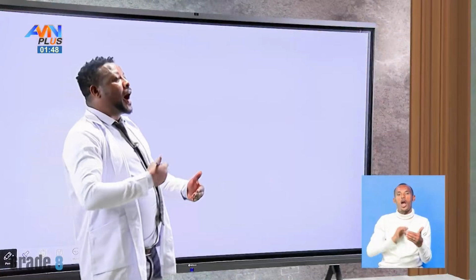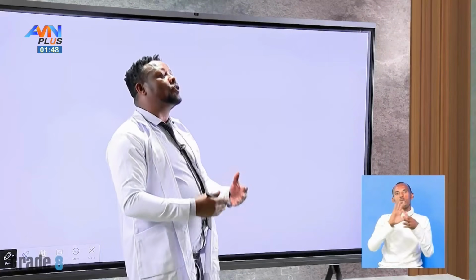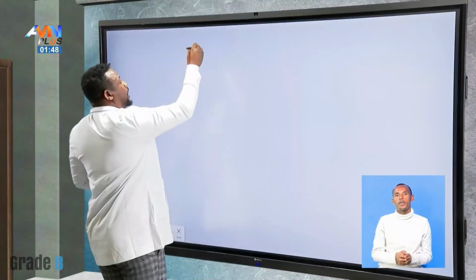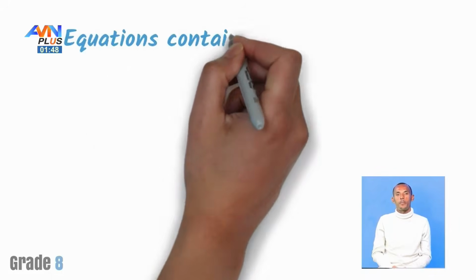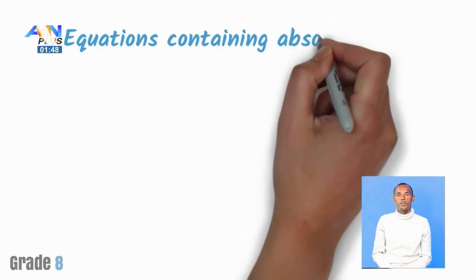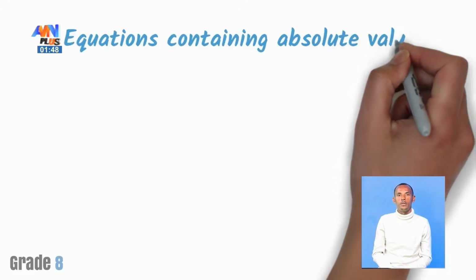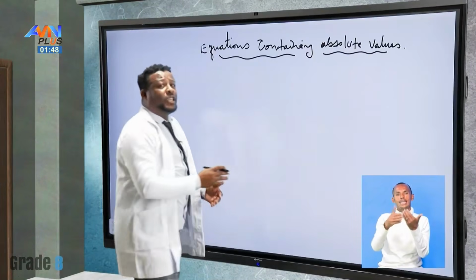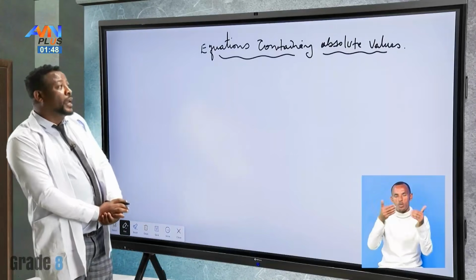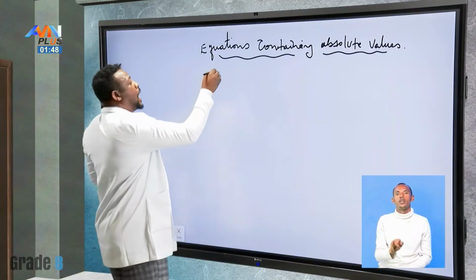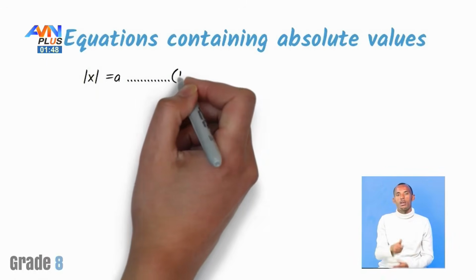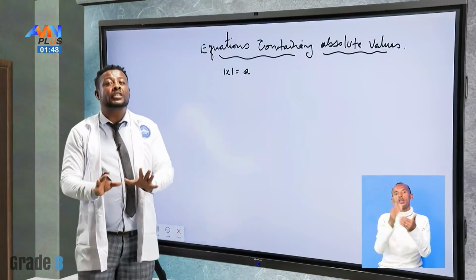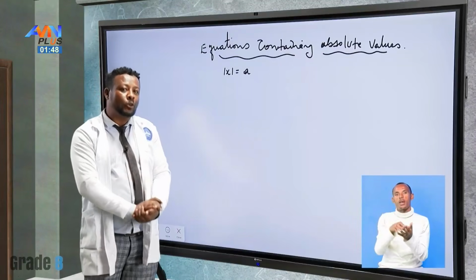So next, I will show you how we can solve equations containing absolute value. So the simplest form of equations containing absolute value is the absolute value of x equals some number a. Okay, this is the simplest form.